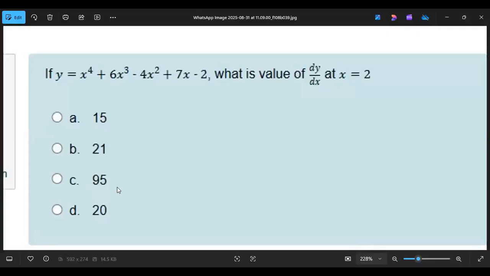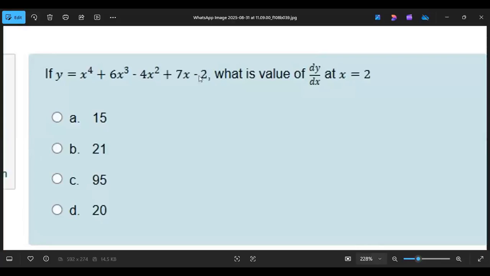What's the answer? Differentiate what you are seeing on the screen. If y is equal to sk plus 6x cubed minus 4sk plus 7x minus 2, what is the value of y or x at x is equal to 2? So you are to differentiate this function you are seeing.